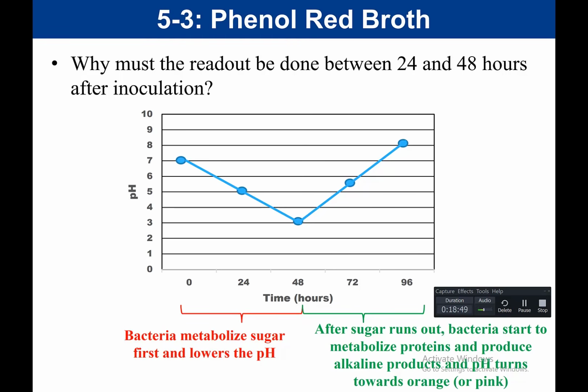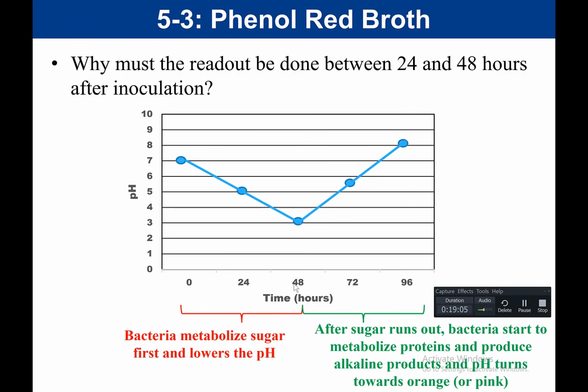That's what they're going to use first. As they do that, they will start to lower the pH, and that's why our yellow is going to be acidic, and that's going to be our positive.